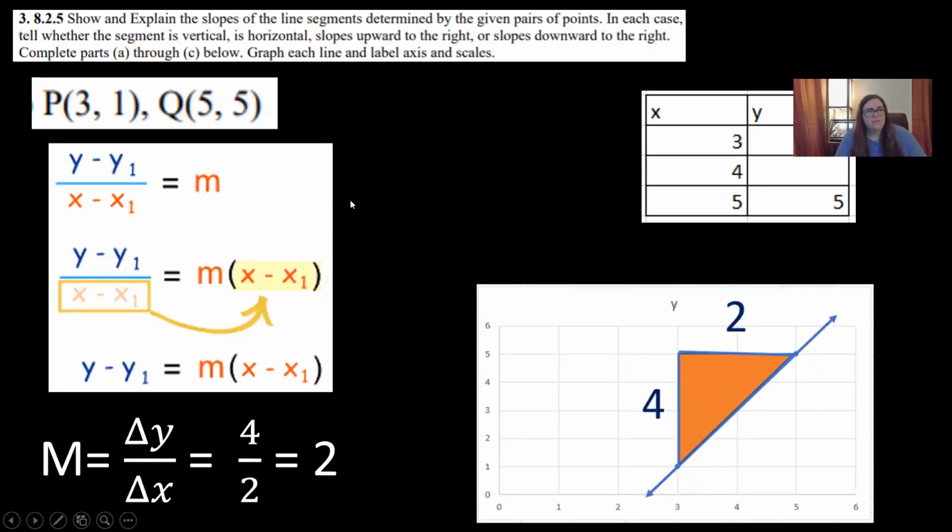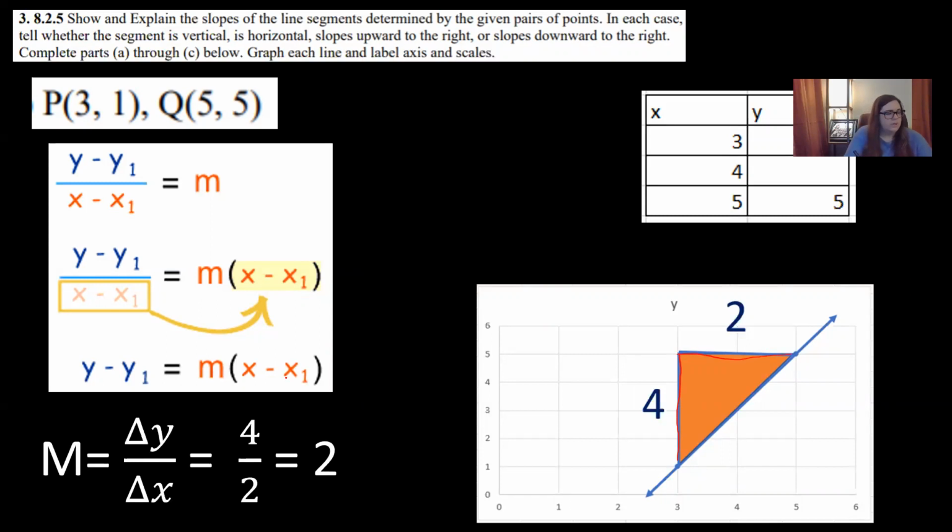So here we have show and explain the slopes of the line segments determined by the given pairs of points. In each case, tell whether the segment is vertical, horizontal, slopes upward to the right, or slopes downward to the right. So this slope is up off the line and to the right.